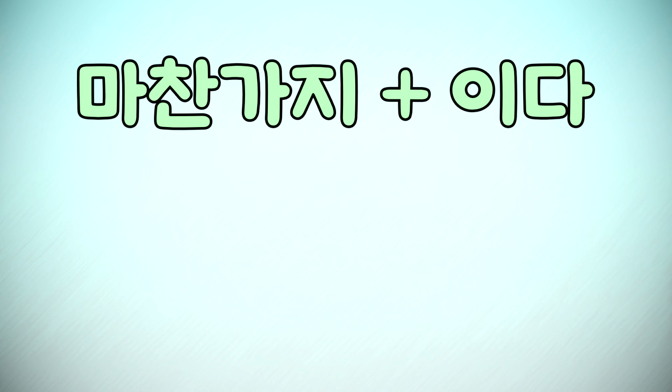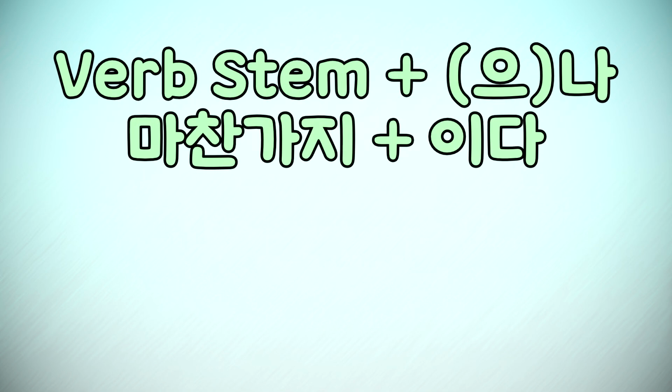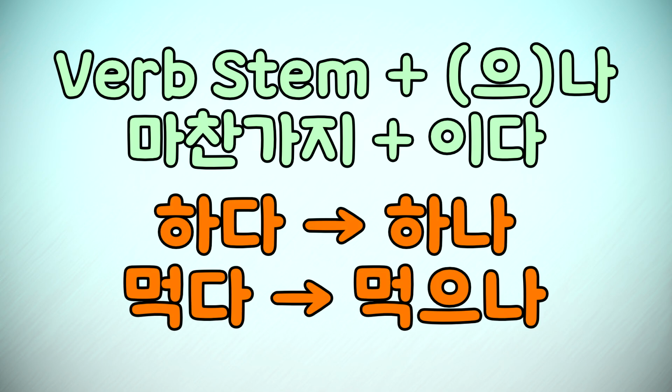But there's another form that 마찬가지 is also commonly used with, and here's how that form works. Take any verb stem and attach 으나 if it ends in a consonant, or 나 if it ends in a vowel. So the verb 하다, meaning to do, would become 하나, and the verb 먹다, meaning to eat, would become 먹으나.